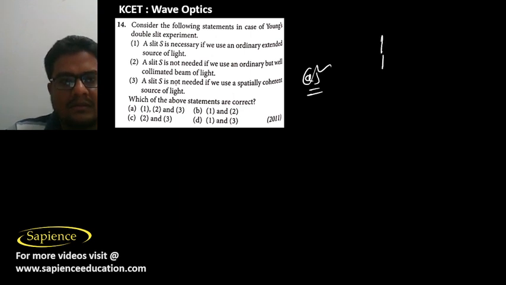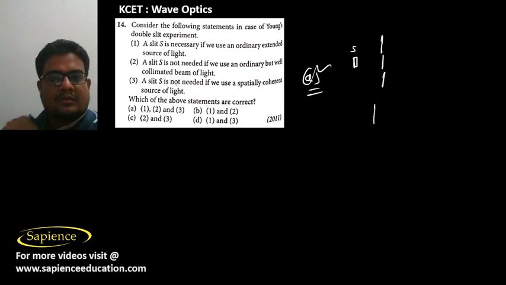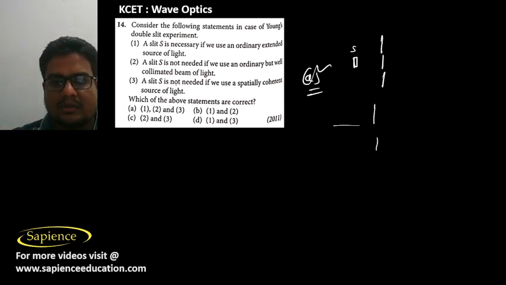In a double slit experiment, the slit is necessary if we use an extended source of light. Slit is not required if we use an ordinary but well collimated beam of light. Collimated means that the beam should be a parallel beam.